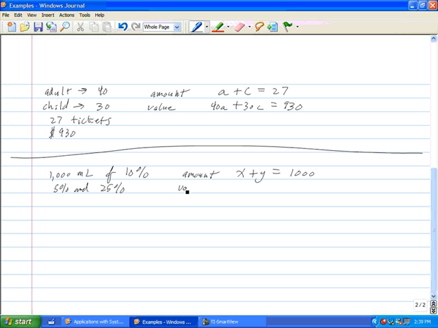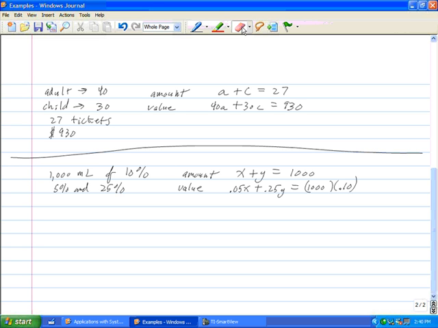Now for value, and again, not value in a monetary sense, but in this particular example, in a percentage sense: 0.05x plus 0.25y is going to equal the total 1,000 times 0.10, which is going to be your final concentration on your mixture. So again, amount and value, and the problems with mixture and money become a little bit easier.